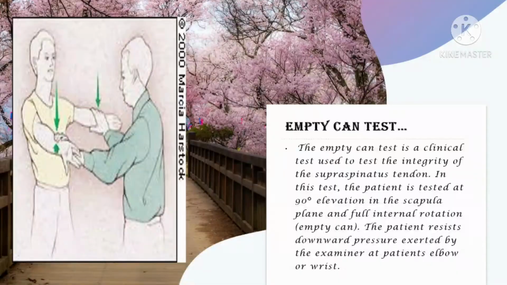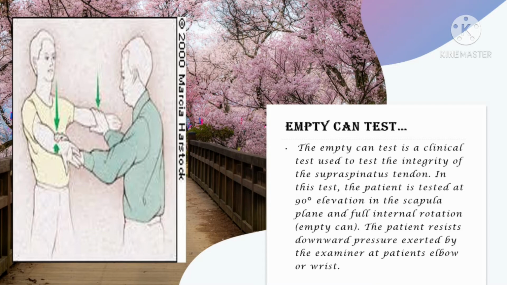Relax. Empty can test. The empty can test is a clinical test used to test the integrity of the supraspinatus tendon. In this test, the patient is tested at 90-degree elevation in the scapular plane and full internal rotation. The patient resists downward pressure exerted by the examiner at the patient's elbow or wrist.